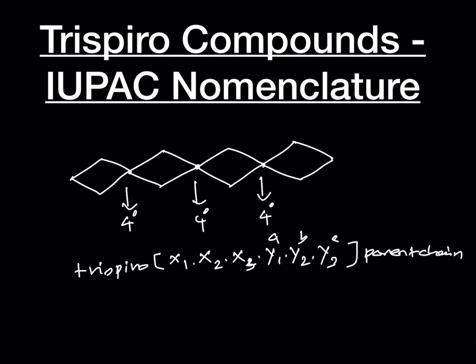Okay. Now, it doesn't follow this format all the time, and sometimes we may have to follow this format like x1, x2, x3, and then the position of the first spiro atom appears on top of x3 instead of y1.